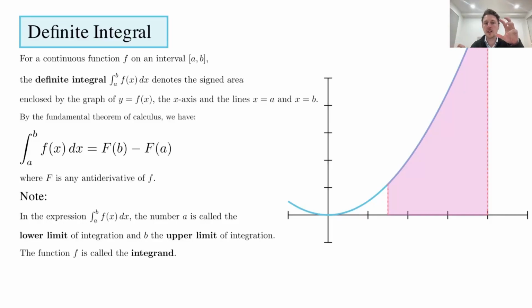If for example the area above the x-axis is equal to the area below the x-axis, think of a sine graph, then the signed area would be 0 because the part above would cancel out with the part below. So we just need to be careful that we're finding what's called the signed area. It's taking into account the signs of the area.